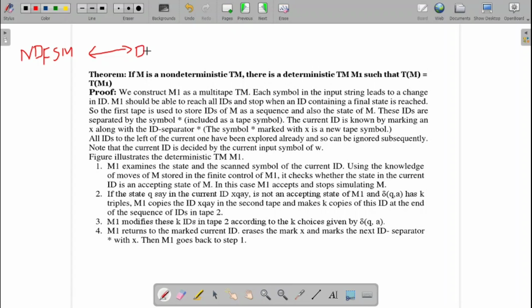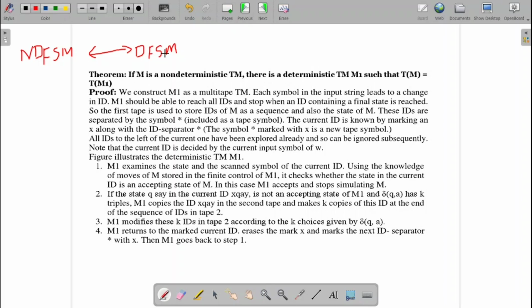That is, every non-deterministic finite state machine can be converted into a deterministic finite state machine. How did we do it? We started with the epsilon closure of the start state, then we continued. We grouped all the possible reachable states and constructed the deterministic finite state machine.